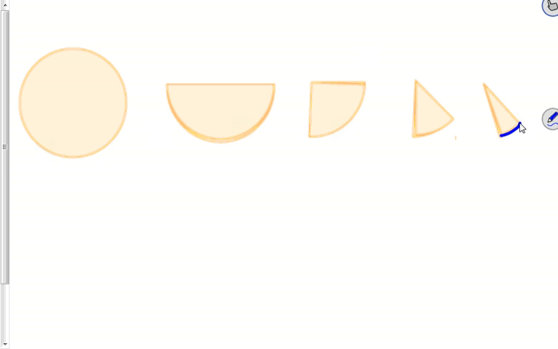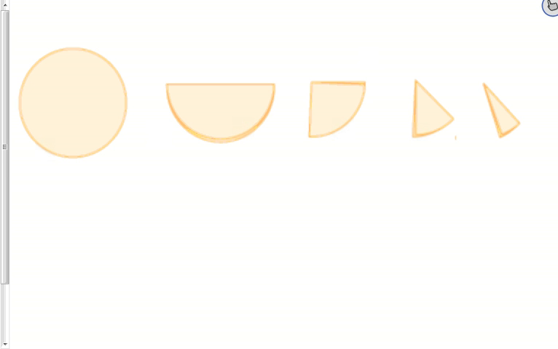But if you imagined us folding this circle again and again and again, theoretically, we could fold that circle enough times that this shape that has a little curved edge on it would become so small that that curved edge would become essentially straight, thus giving us a triangle. Right, so for our purposes, we folded 1, 2, 3, 4 times, and we have a shape that looks very much like a triangle. So let's assume that it is.